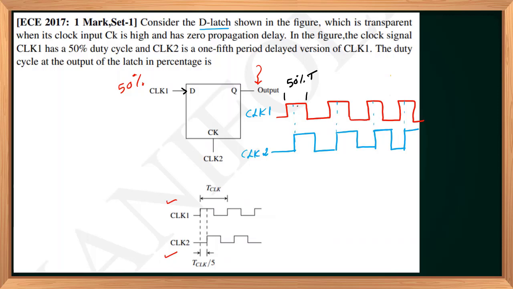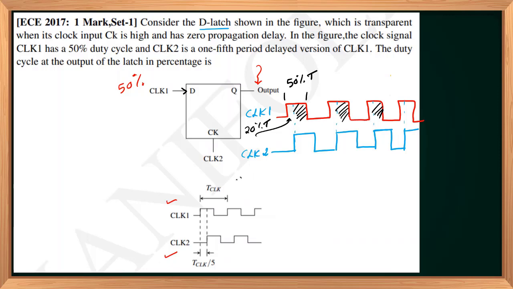That corresponds to this shaded area, during which both clock 1 and clock 2 are high. And you can also notice that this shifted region corresponds to T clock by 5, that is 20% of the total period T.